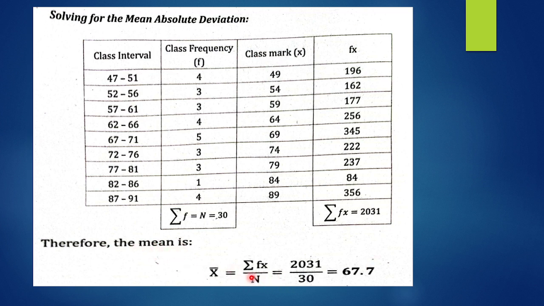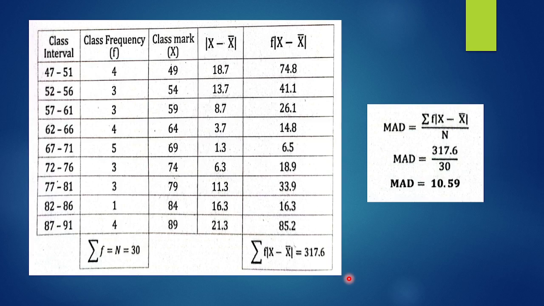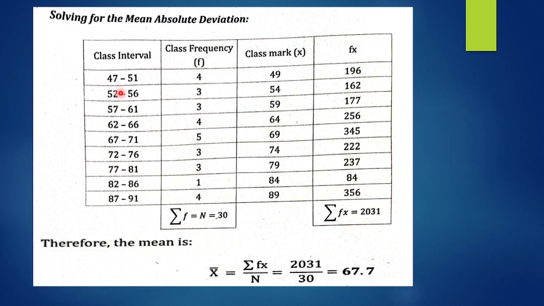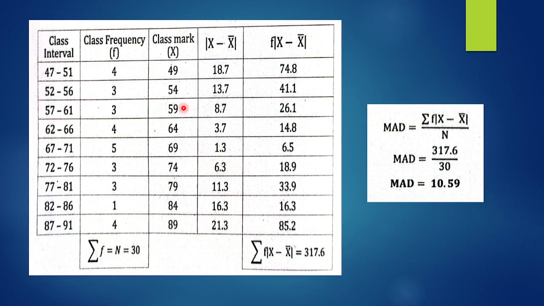Take note, this is not the MAD, this is the mean. This is not yet the mean absolute deviation; we only show what the mean is. Now for the MAD, we add another column after getting the f of x. After having class mark and f of x, we add the column for the absolute value of x minus mean.